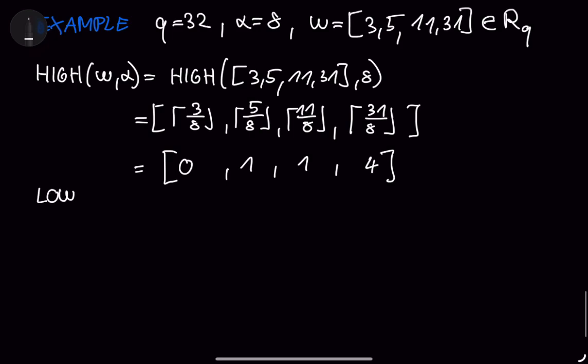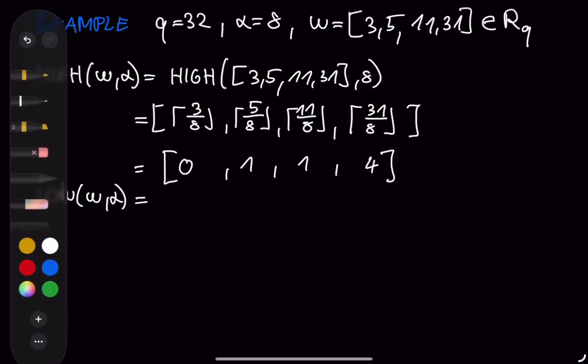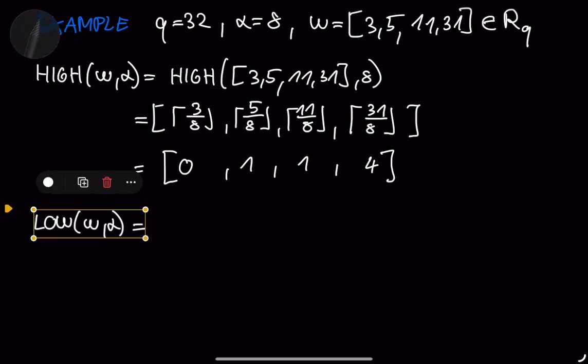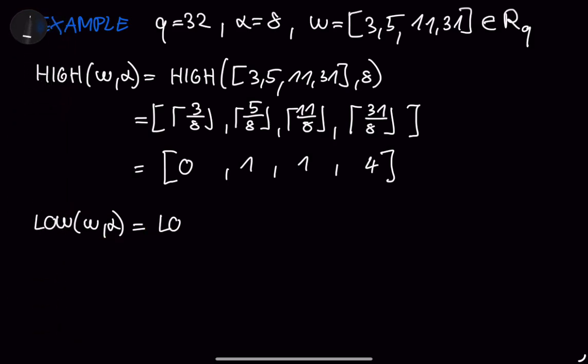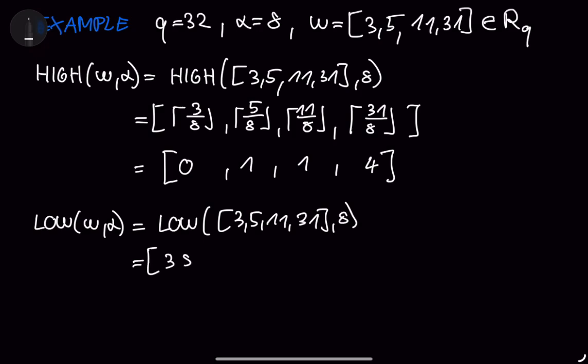So the low function, like low of 3, 5, 11, 31, 8. Now we apply the symmetric modulo value: 3 S mod 8, 5 S mod 8, 11 S mod 8, and finally 31 S mod 8.